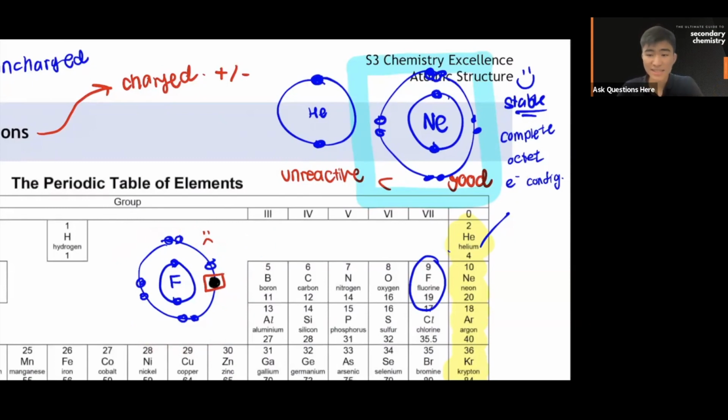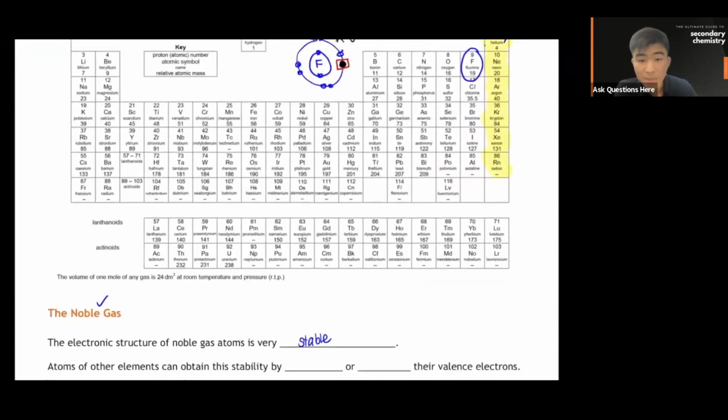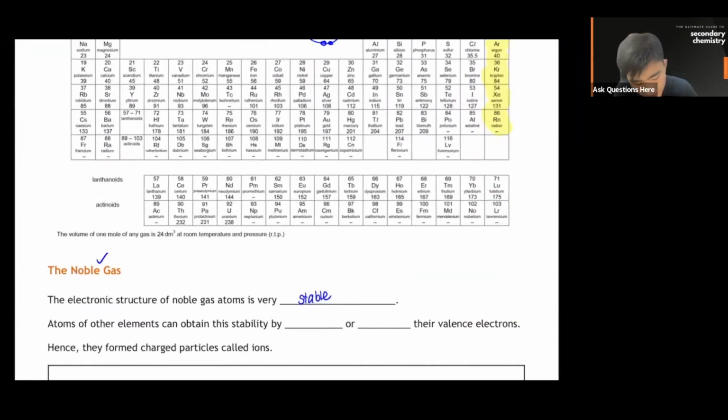Then this one is going to be extra stable. Now, then we move down to the description. So this particular phenomenon over here is called gaining an electron. We can also do the same thing by losing the electron as well.